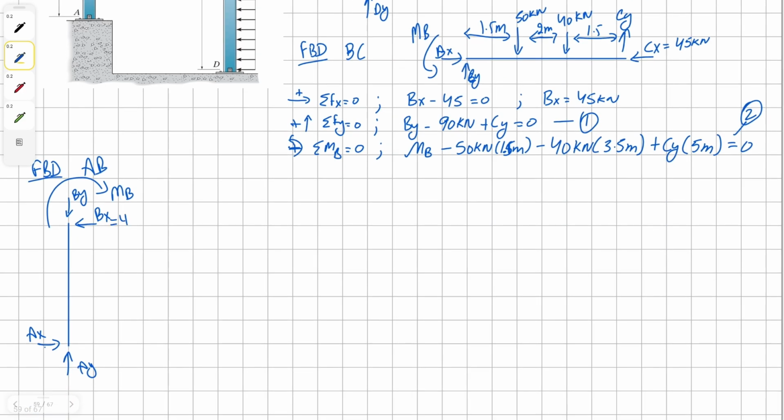Bx is known already, which is 45. And solving for forces in x direction, we're going to find out that our Ax is 45 kilonewton as well.